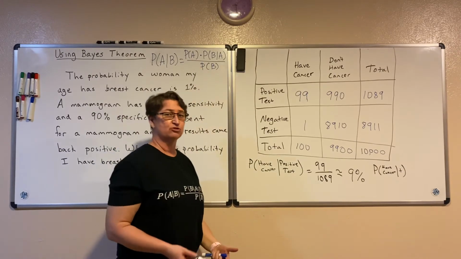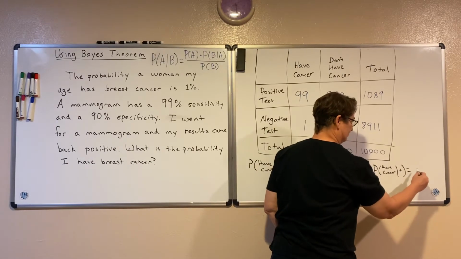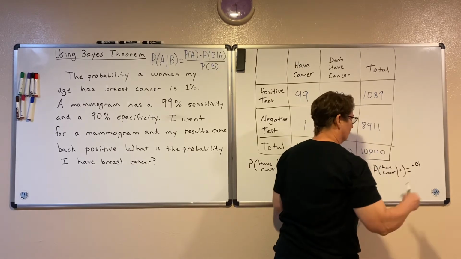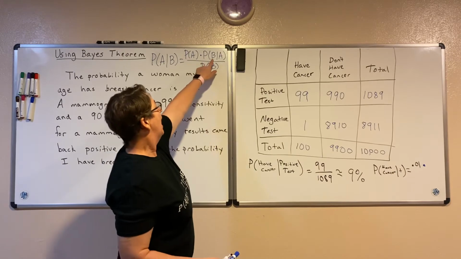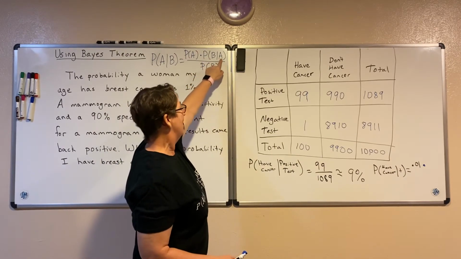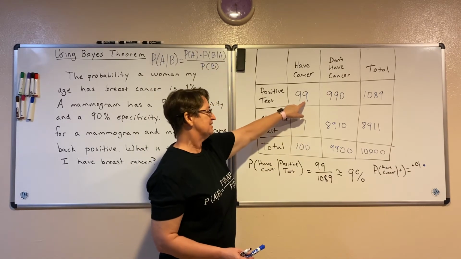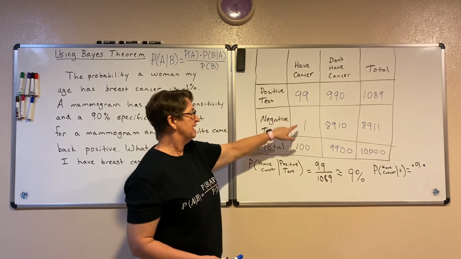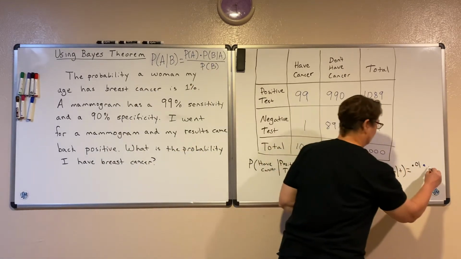When I walked into the doctor's office, the probability that I had cancer was 1%, or 0.01. I'm going to take that and multiply it times the probability that we get a positive test given we have cancer. So in other words, what is that sensitivity? The probability I get a positive test given I have cancer. Well, that's that 99% of the time we have that.